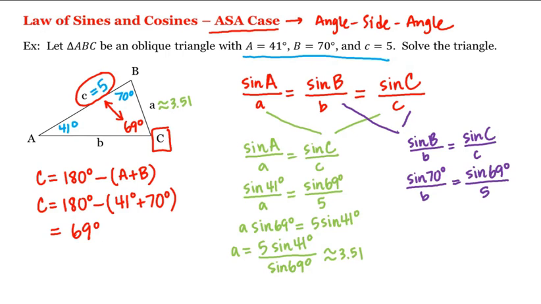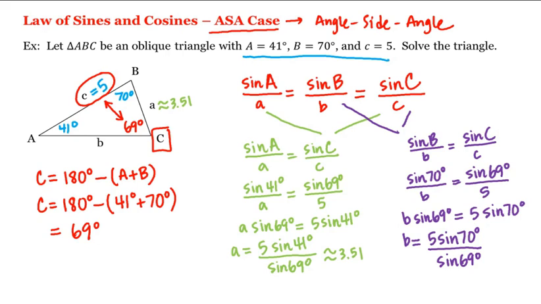Again, cross multiplying, we have b times sine of 69 degrees is equal to 5 times sine of 70 degrees. And dividing both sides by sine of 69 degrees gives us that b is equal to 5 times sine of 70 degrees divided by sine of 69 degrees.